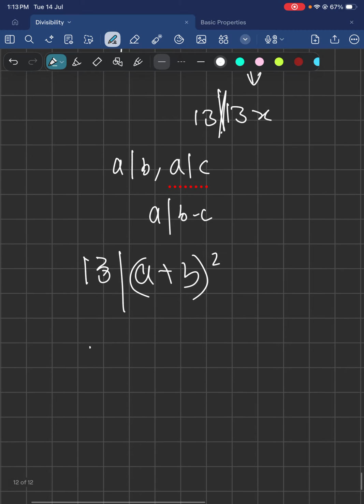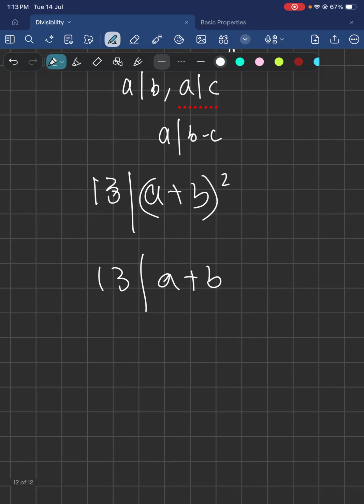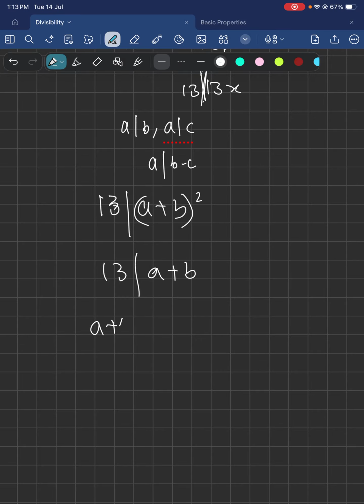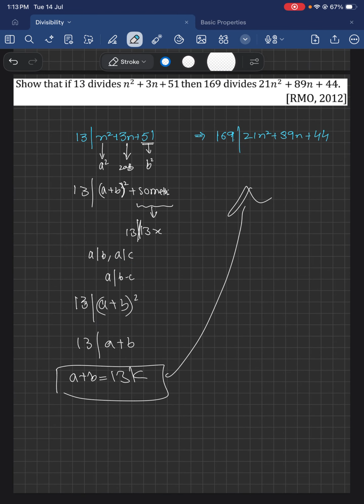And since it is dividing its square, it must divide its square root as well, a plus b. Then we can say that a plus b would be a multiple of 13, and we can get to some point and plug the values in here. So my first idea is this.